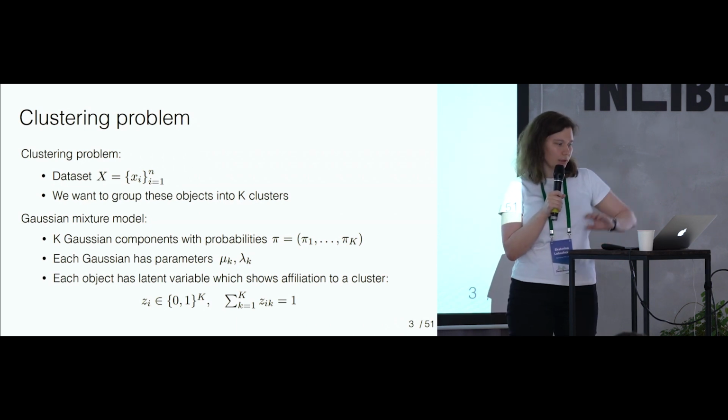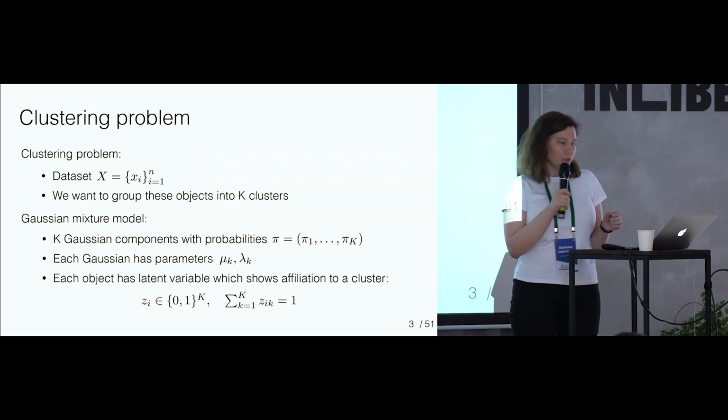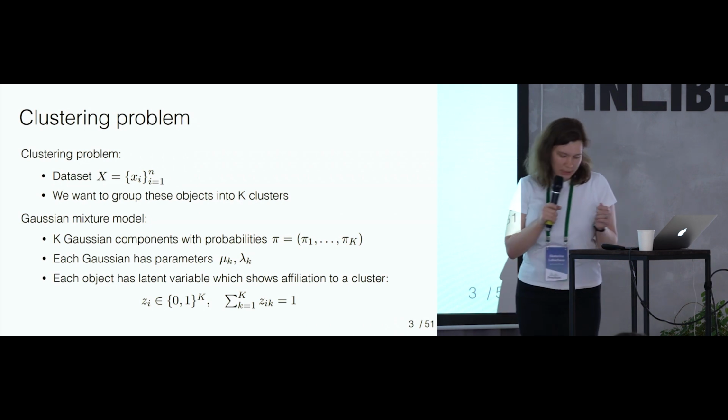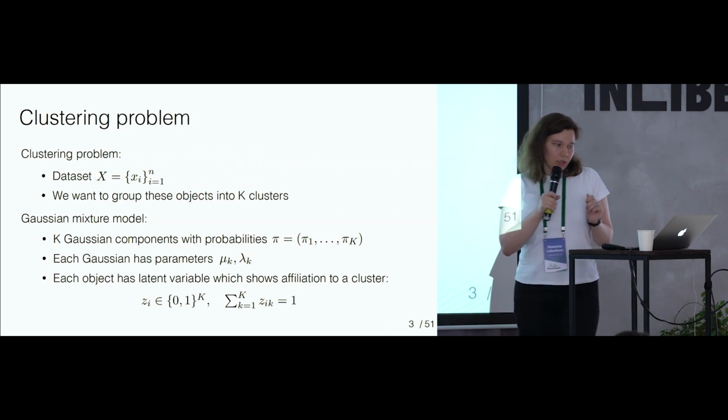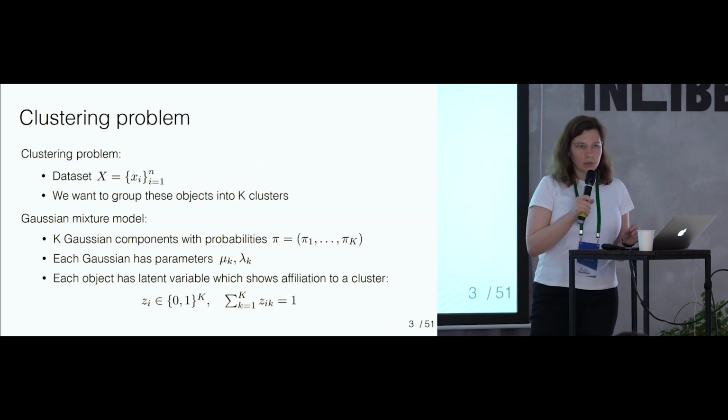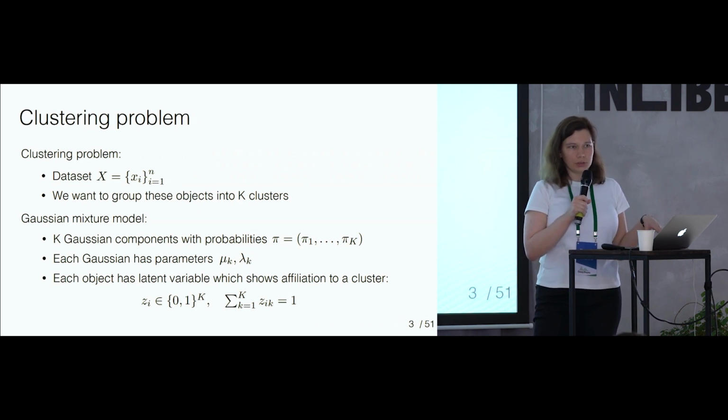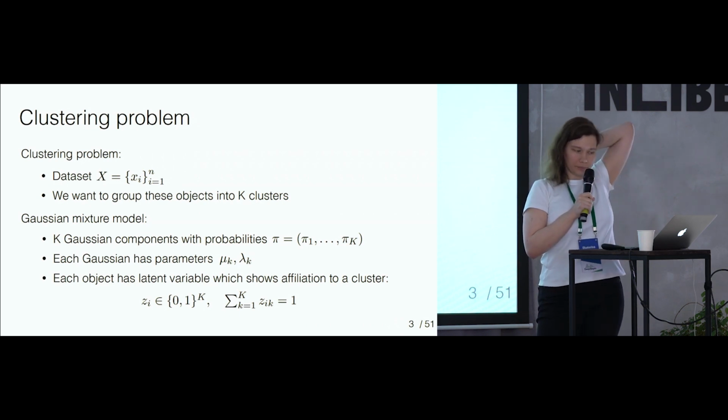So the probabilistic analog of k-means is Gaussian mixture model, which says that we have k Gaussians. And we assume that our points are from these Gaussians. So for each point in our set, we have a latent variable zi, and we want to find it to cluster our data.